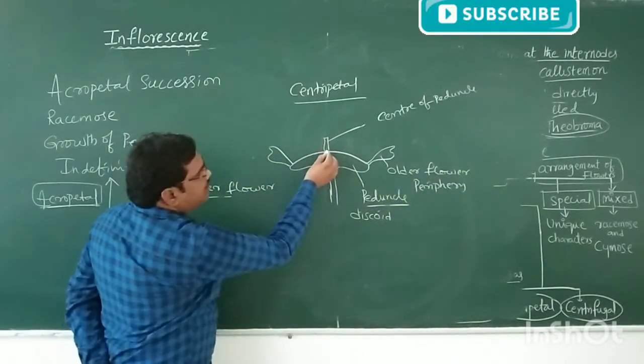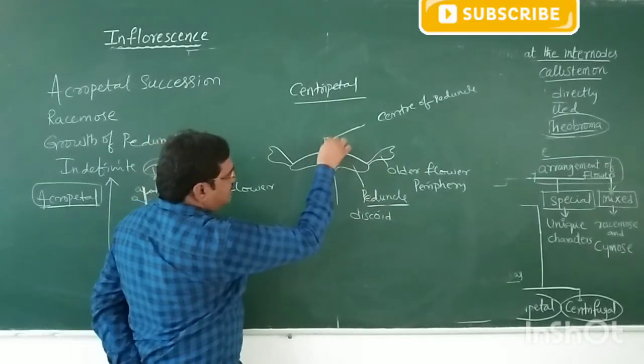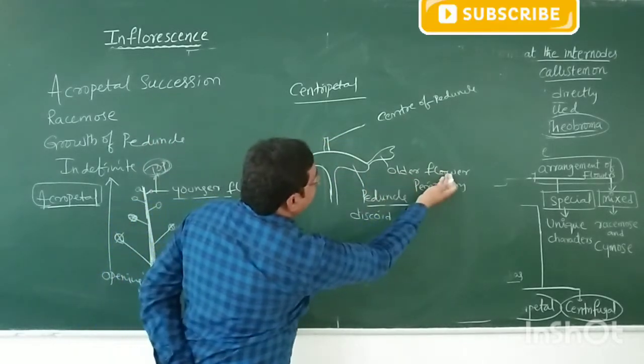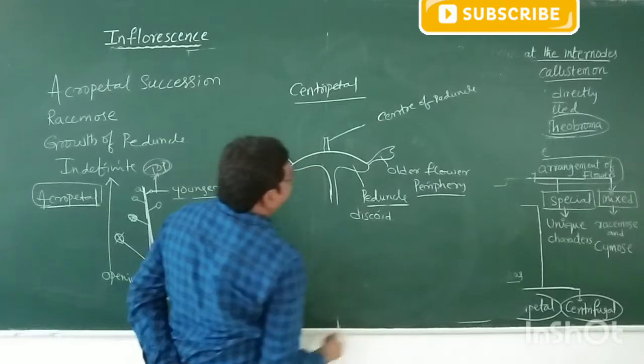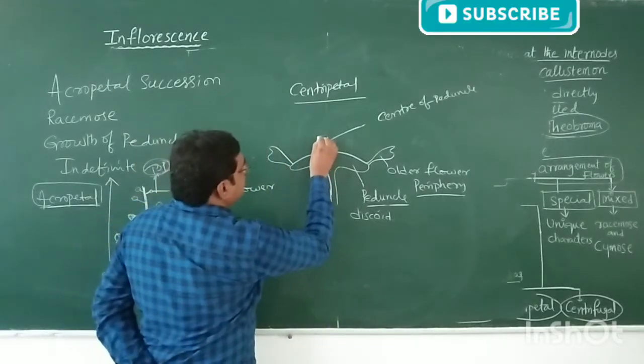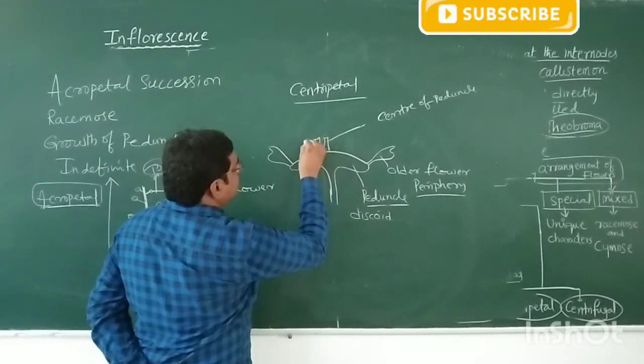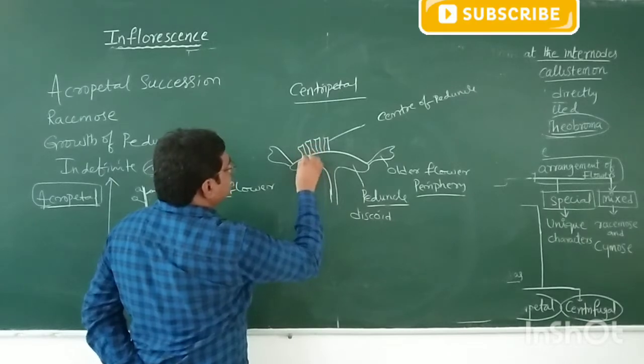See here, the younger flowers are present at the center and older flowers are present at the periphery. So this is one flower, this is one flower.